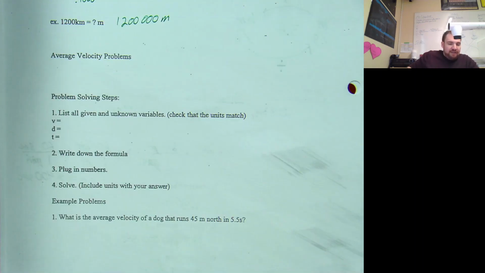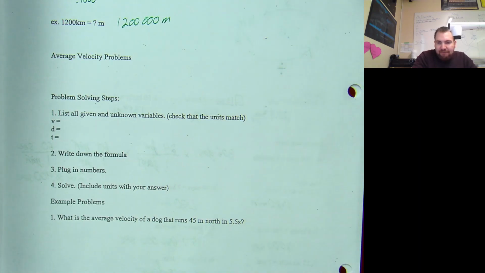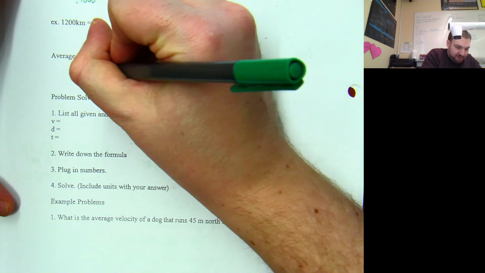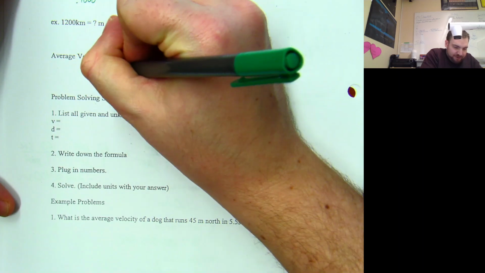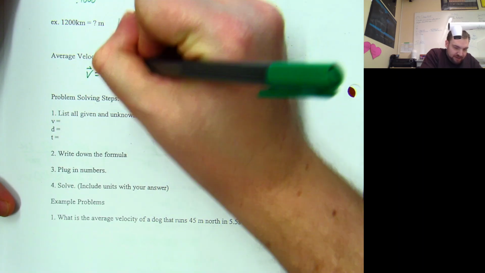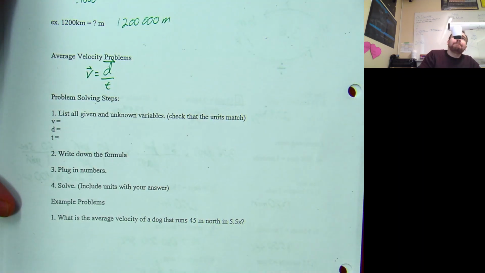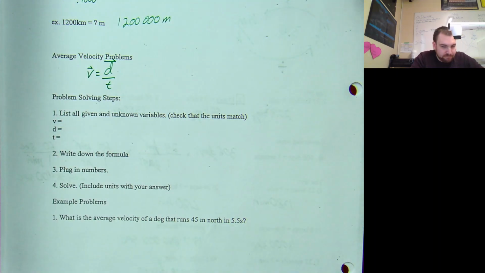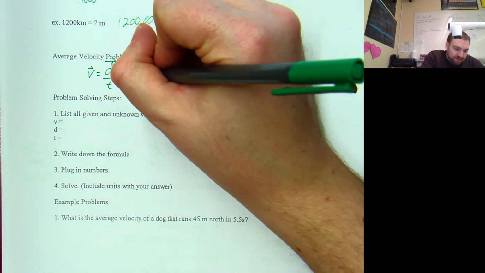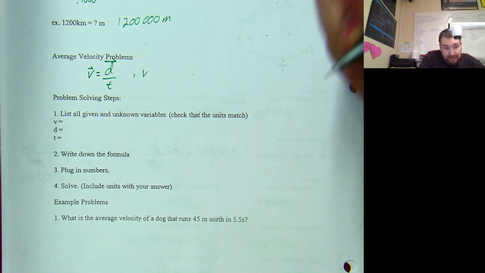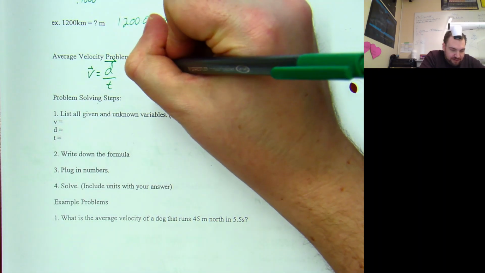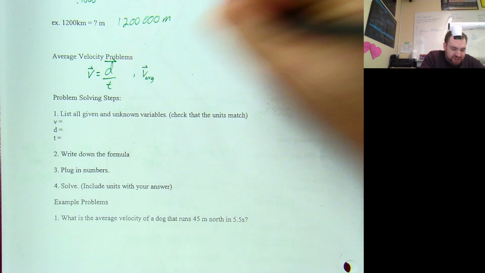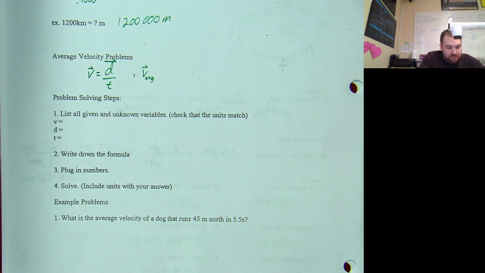So if we're looking at our average velocity problems, average velocity is given to us as velocity equals displacement over time. You may also see it given, they actually quote it like this on your formula sheet, V average.